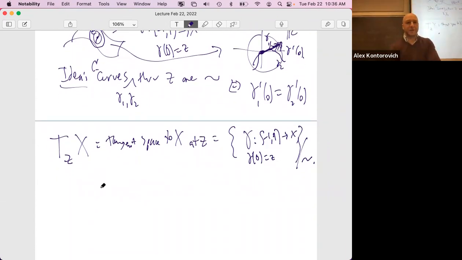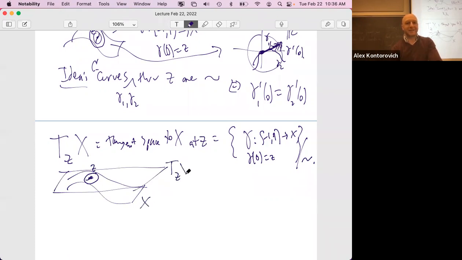Okay, so in other words, what do we think of as the tangent space? Again, I'm drawing this surface version. If I have some point z, then the tangent space is some space that's tangent to x at z. And so what does that mean?